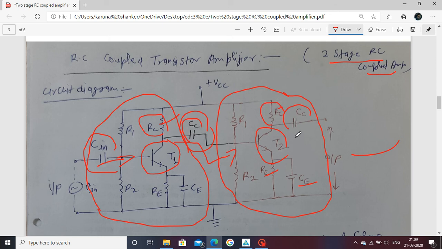What happened? Whatever the single transistor amplifies is again amplified by the T2 transistor, so the overall gain increases. Suppose G1 is the first transistor gain and G2 is the second transistor gain.